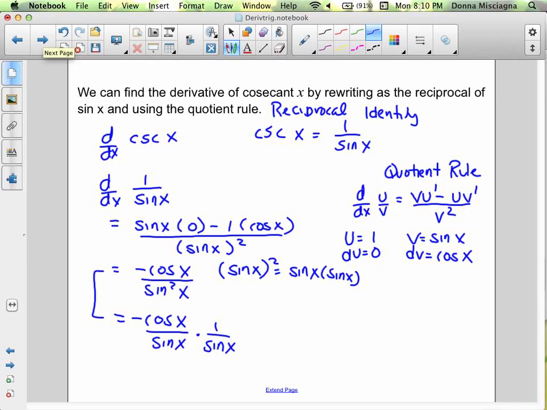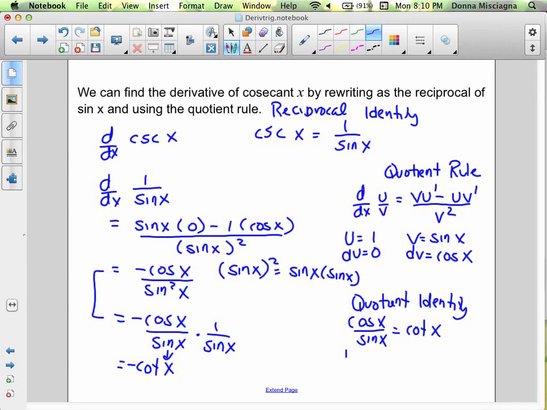But now that I've rewritten it, I can rewrite this because using the quotient identity, cosine x over sine x, remember, is just cotangent x. So I could replace this with negative cotangent x.